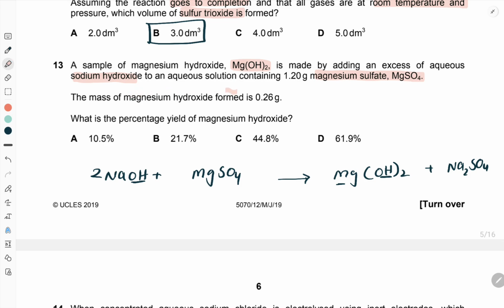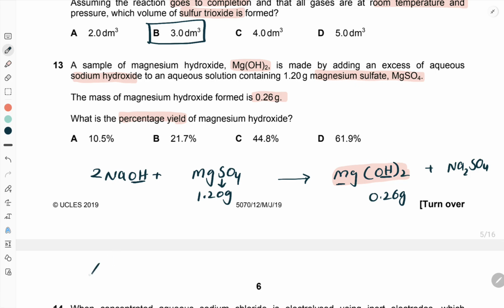What is the question? The mass of magnesium hydroxide formed is 0.26 gram. So when you actually perform the experiment, initially you have 1.20 gram of magnesium sulfate and you get 0.26 gram of magnesium hydroxide. The question is, what is the percentage yield?